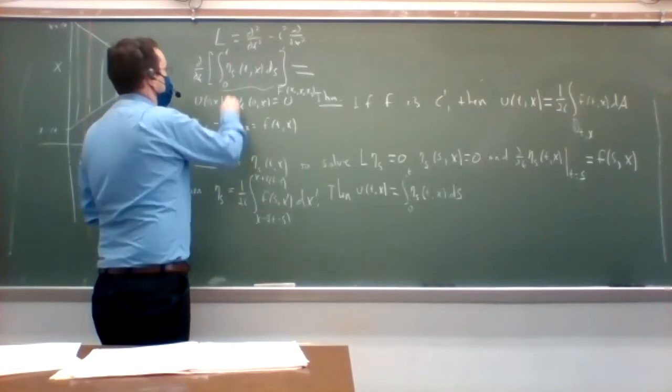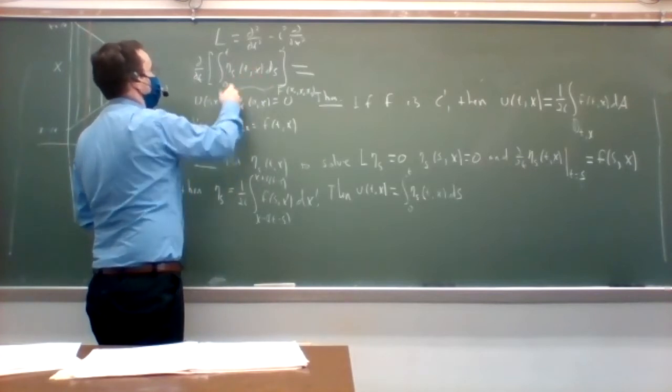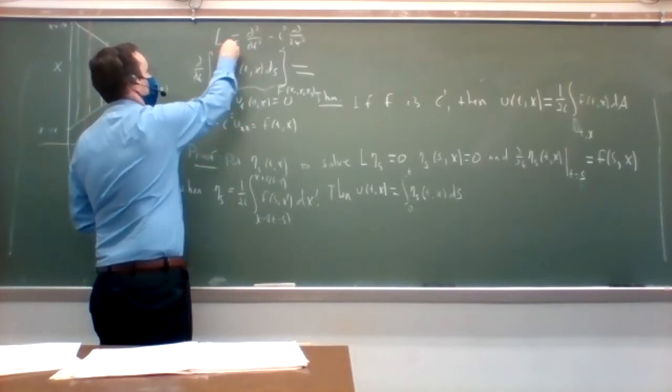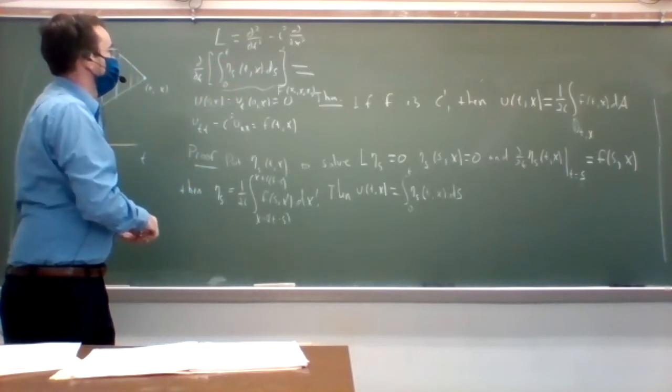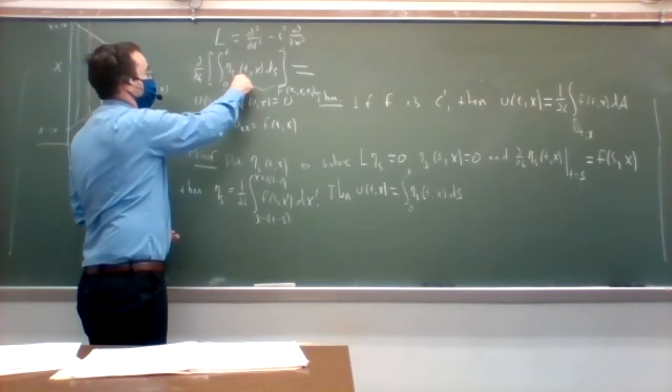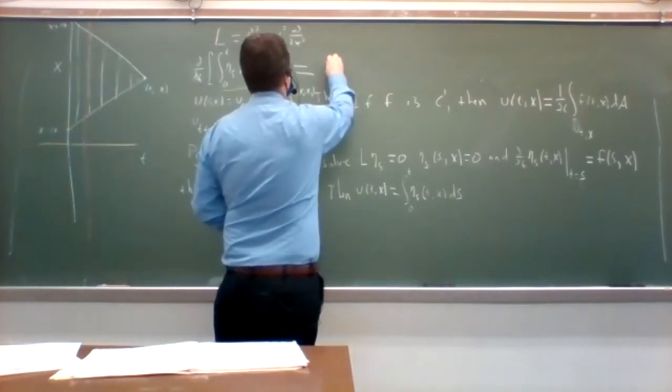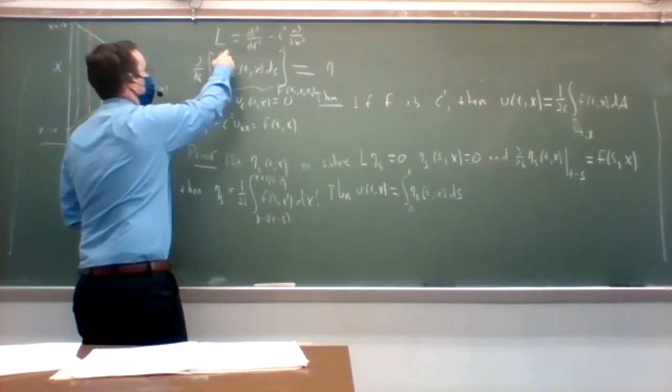So here I can hold t and x fixed, and I take the derivative with respect to this variable. And now it really is the fundamental theorem of calculus, which says that the derivative of an integral gives you the integrand, but with this plugged in there.